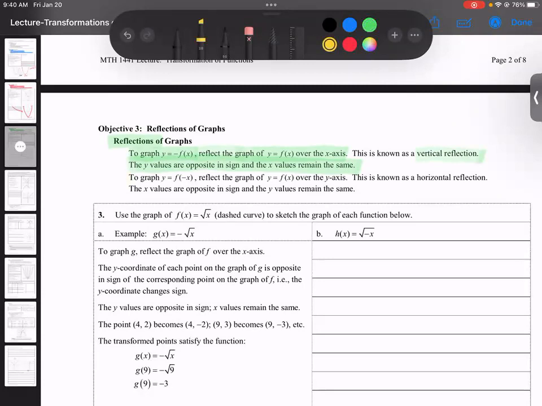If the negative is inside the graph, if it belongs to the function, then you reflect over the y-axis. This is known as the horizontal reflection. Horizontal, right? You flip to the left side or the right side. The x value is the opposite of the original, and the y value remains the same.